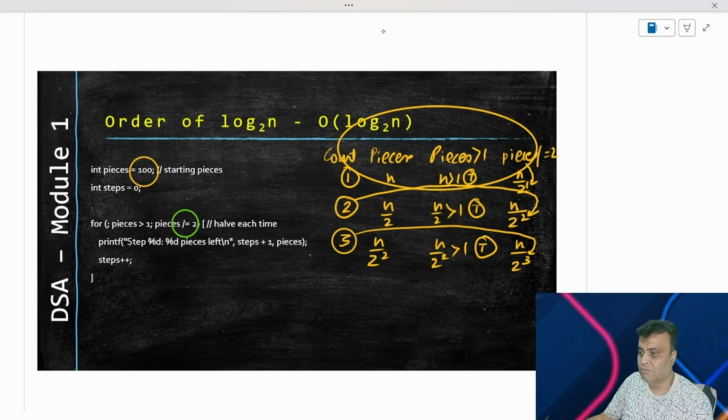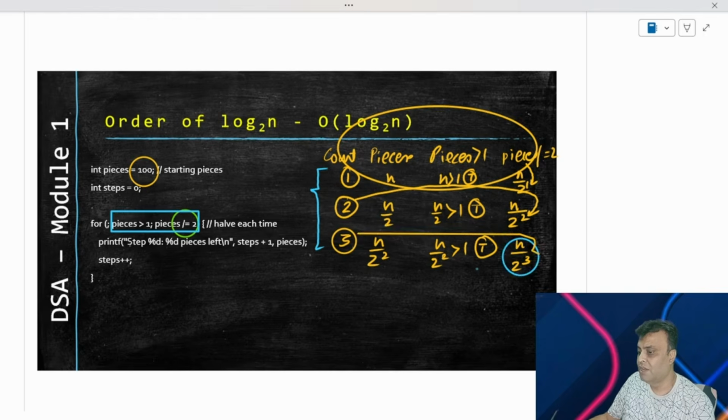In fact, we should have started by saying that we typically do not know how many times this loop will run, because pieces is getting halved every time. Hence I do this dry run. I have found that the count influences the value of pieces. If I am at the kth count, then pieces would have a value of n by 2 to the power of k.